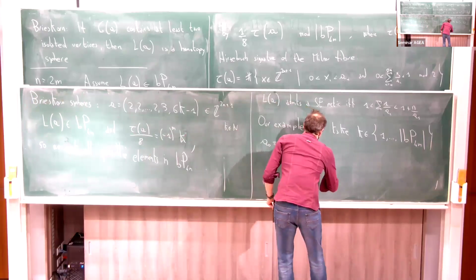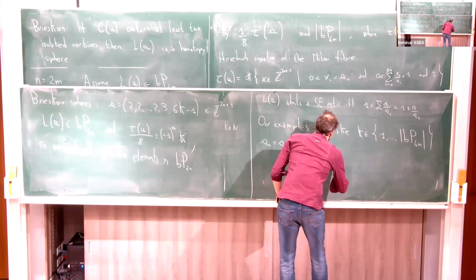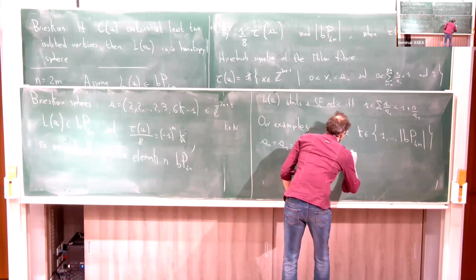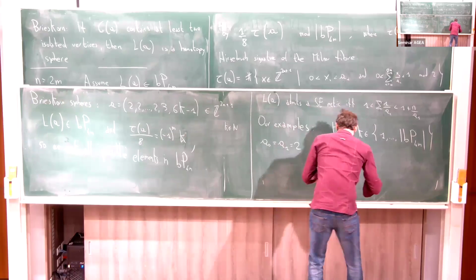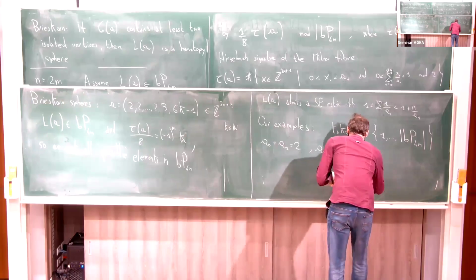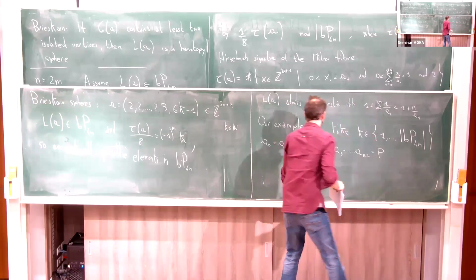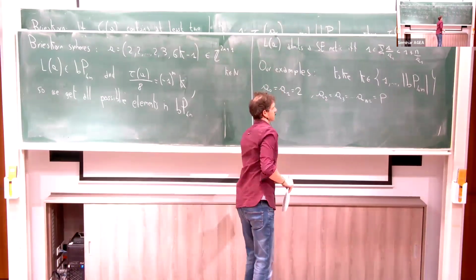Then all the others up to n minus 2 are equal to a number p that I will tell you what it is.